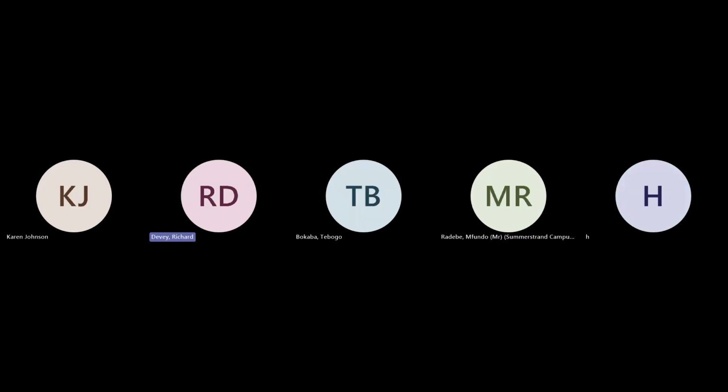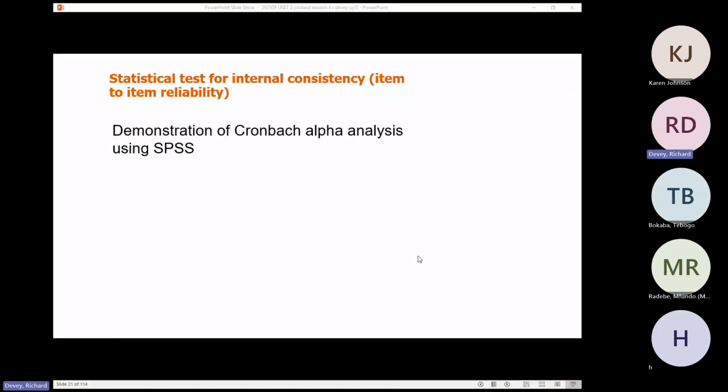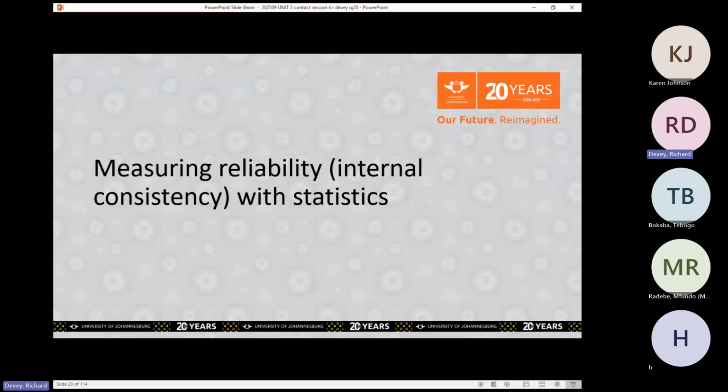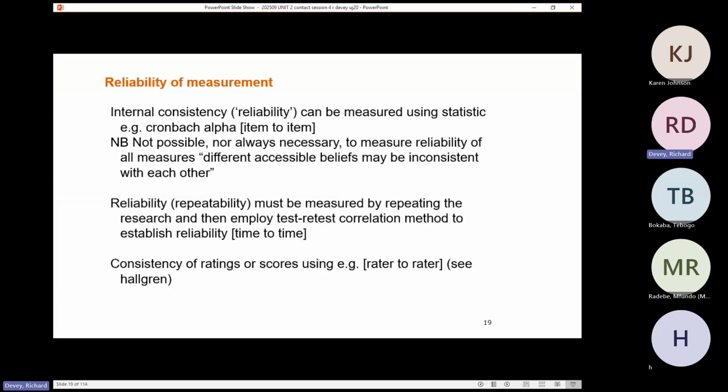I'm just going to go back here. I'm not going to demonstrate those statistics, just because of time constraints. If we were to measure repeatability, we can use a correlation.